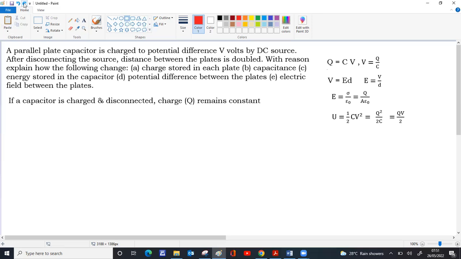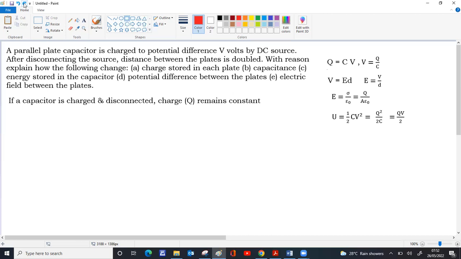Second point: if a capacitor remains connected to a cell after charging, even if it remains connected to the cell throughout, the potential difference across the capacitor will be the same as that of the cell. It won't change.